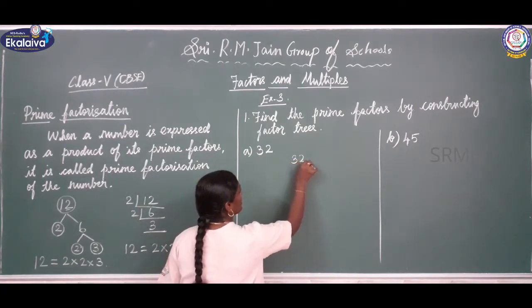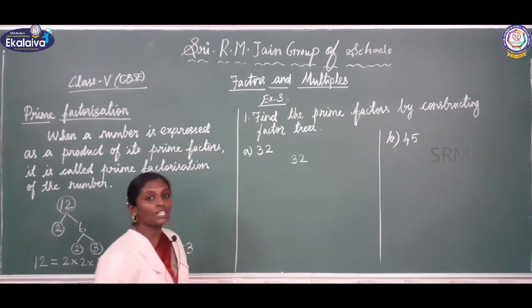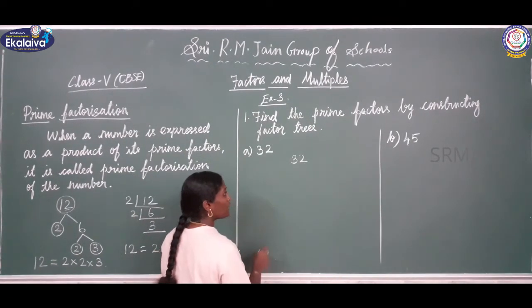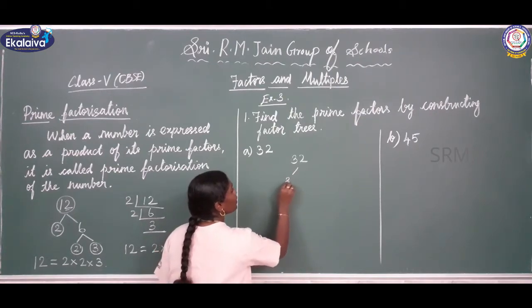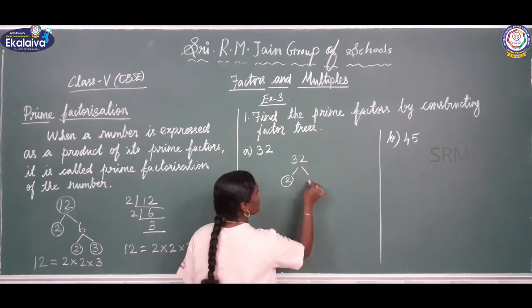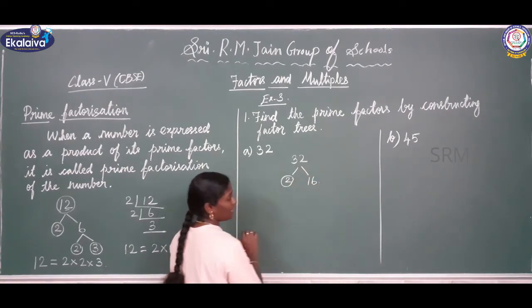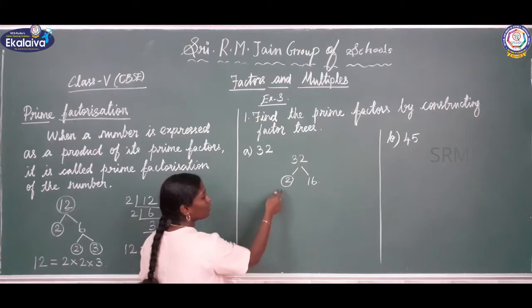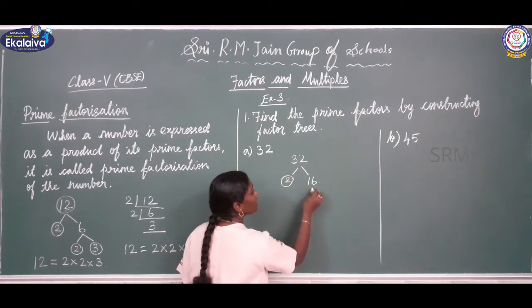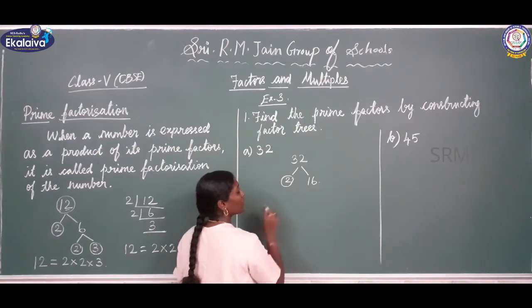Here 32. First we have to start with the smallest prime factor. Here 32 is an even number, so 2 is the smallest prime factor. In 2 table, 2 16s are 32. Here 2 is a prime factor. Now we have to find the smallest prime factor of 16.